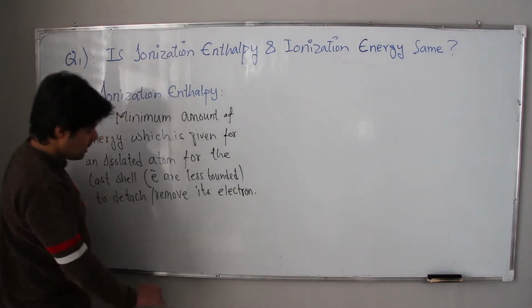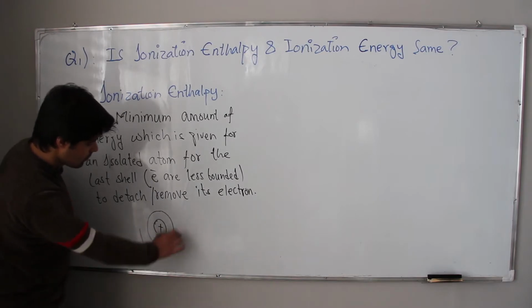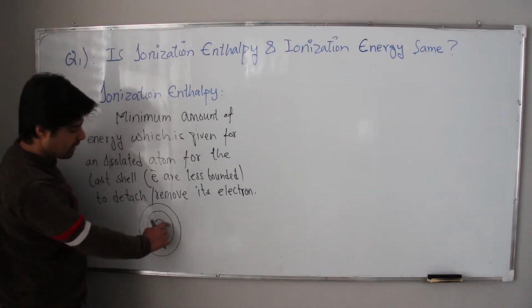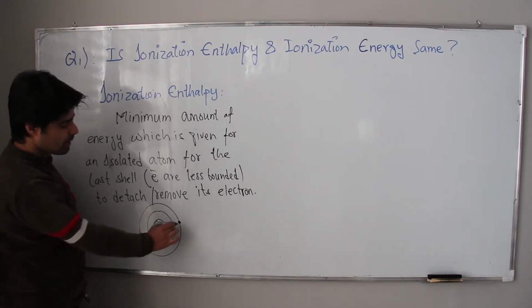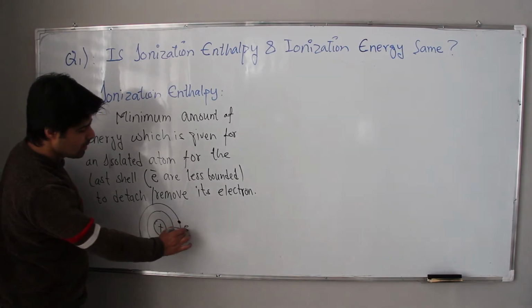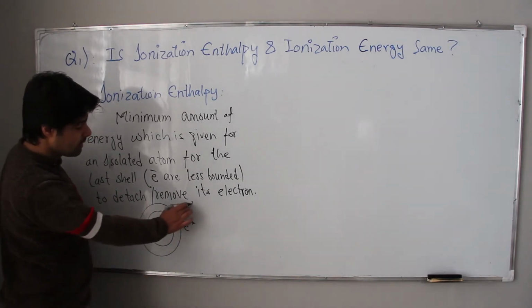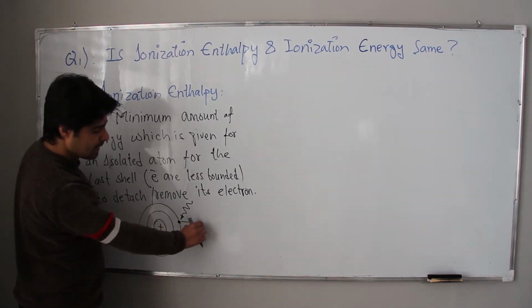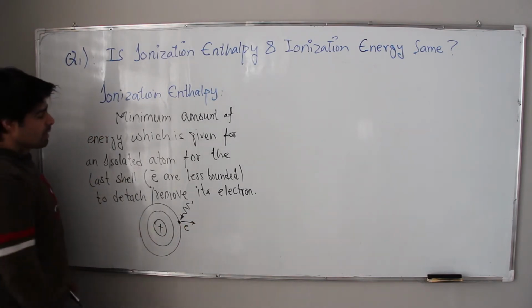What does it mean? It means we have an atom. This is the nucleus, and we have the shells. Suppose it's the last shell. Now from this last shell I want to remove the electron, whatever energy I give. The atom should be isolated. What do you mean by isolated?